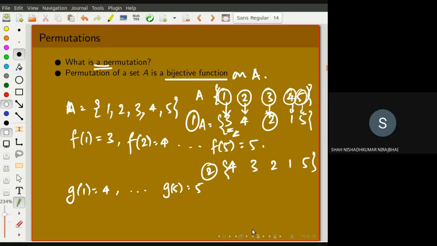But when you are saying 1, 2, 3, 4, 5 goes to 1, 2, 3, 5, 4, then 1, 2, 4, 3, 5. I'm not sure on this.